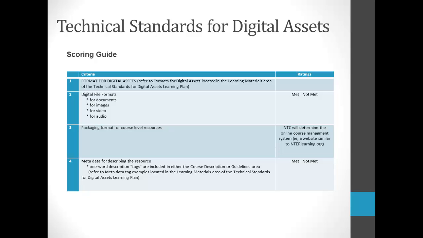And then the metadata for describing the resource, those one-word description tags need to be included. And like Kristin said, there is a resource within the learning plan of technical standards for digital assets that talks a little bit more about that and gives some examples that could be used, some standard keywords for data tags.